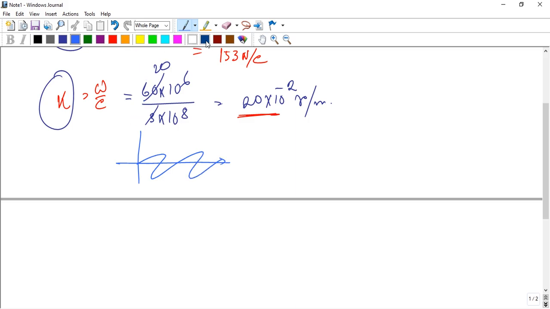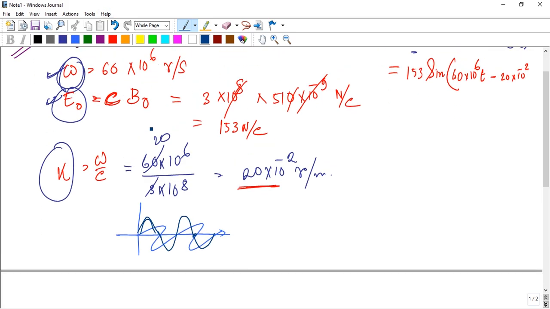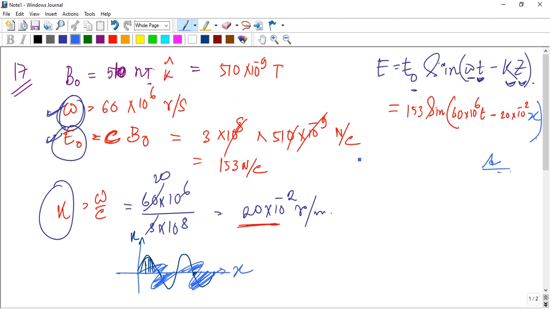If the magnetic field is in the k direction, obviously the electric field is in that direction, so that is the x direction. That's the final answer. Clear? That's question number 17. Electric field in Newton per Coulomb.